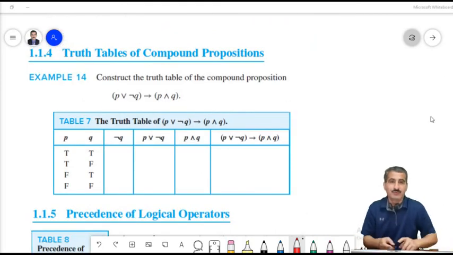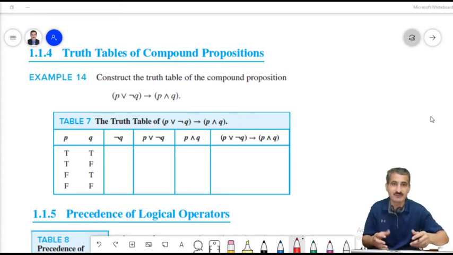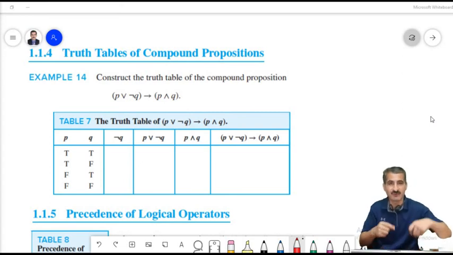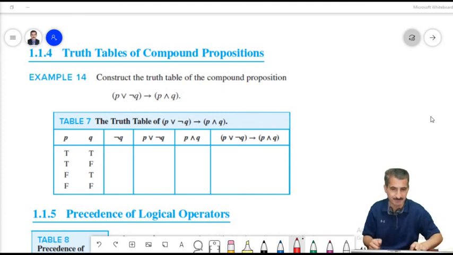So the truth table of a compound proposition, we have done one already actually, how to compute whether a compound proposition is true or false depending on the truth values of the propositions involved in that compound proposition. So we mean the propositions are P and Q. We are combining them together using the AND, or negation, implies.